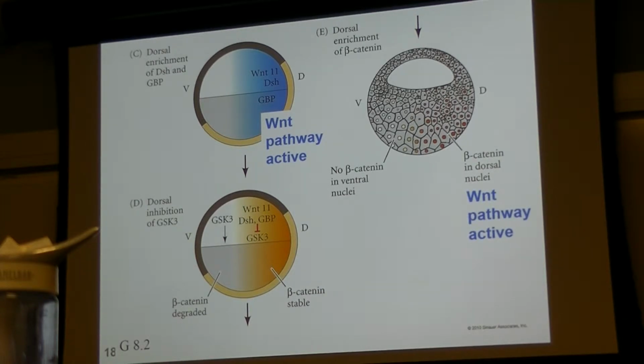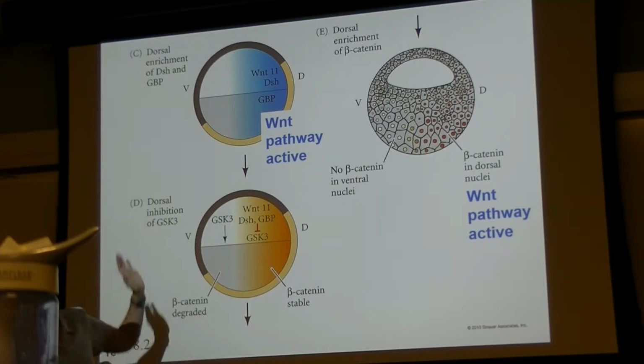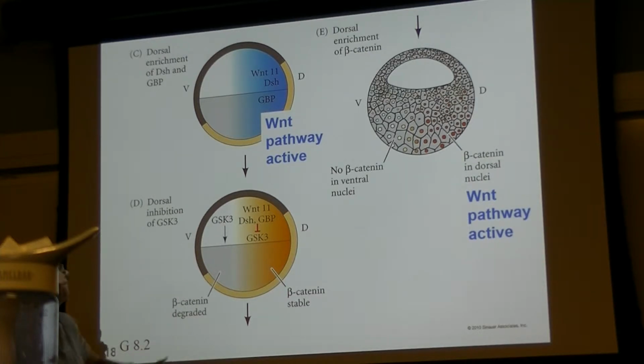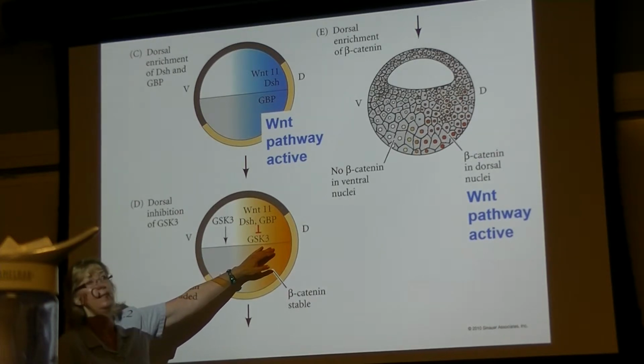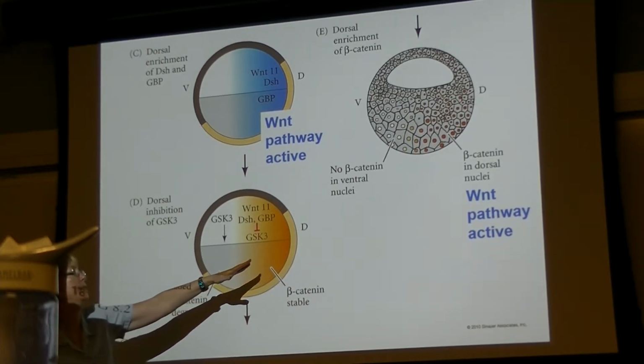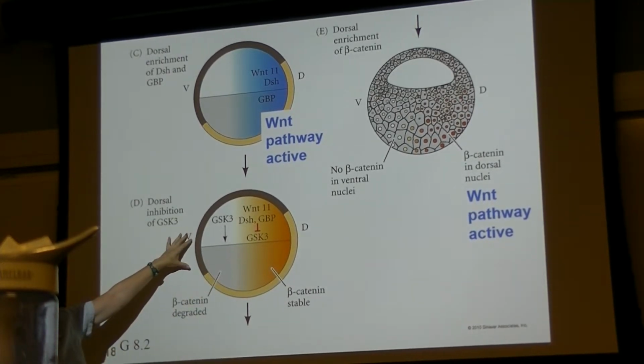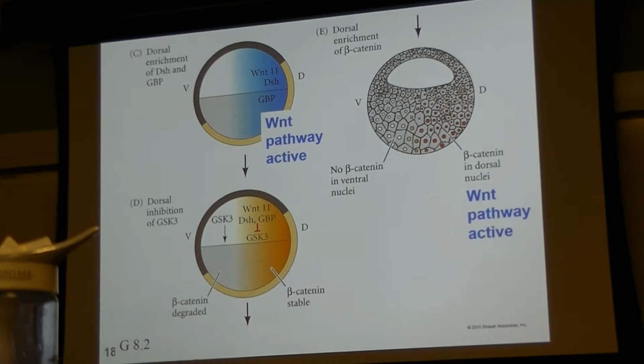Beta-catenin will be in the nuclei on those cells on the dorsal side, but on the ventral side, beta-catenin will have been degraded because there was no Wnt pathway activated, and the default state is then to degrade beta-catenin. So if you look at GSK3, it's going to be inhibited on the dorsal side, allowing beta-catenin to go to the nucleus, but stable on the ventral side, causing beta-catenin to be degraded.